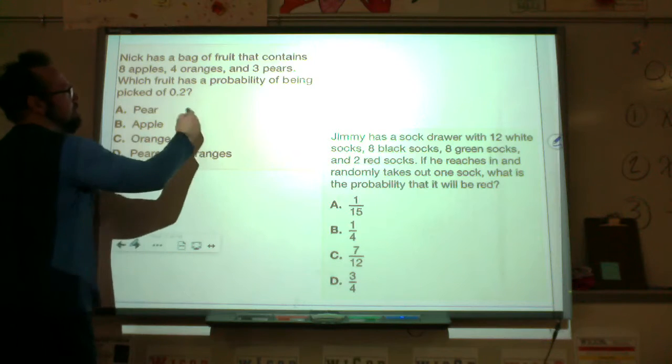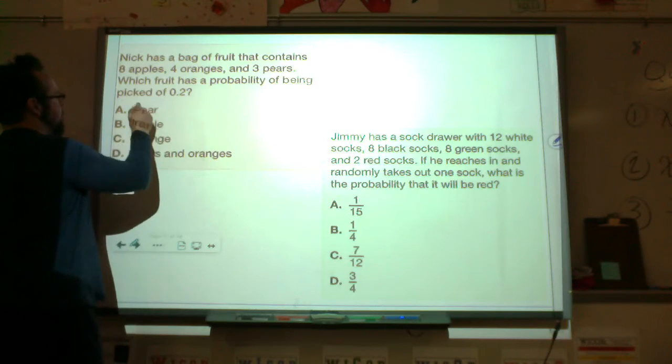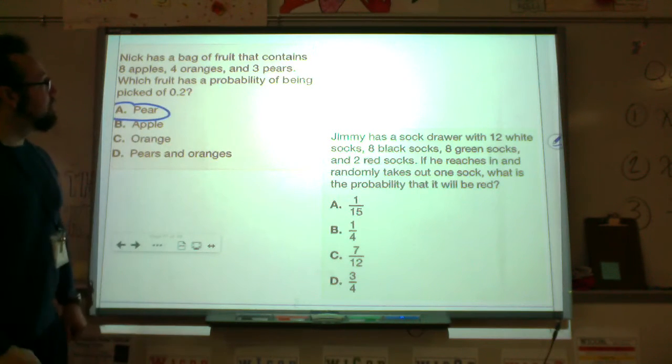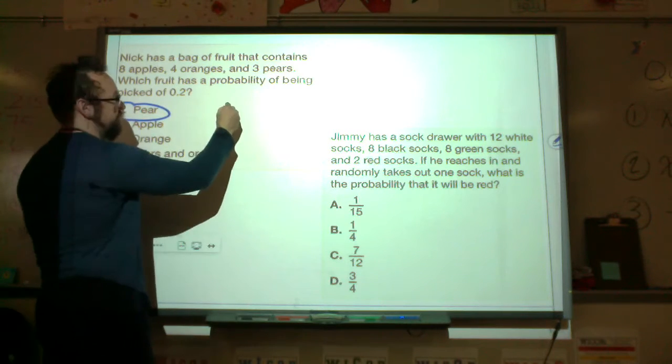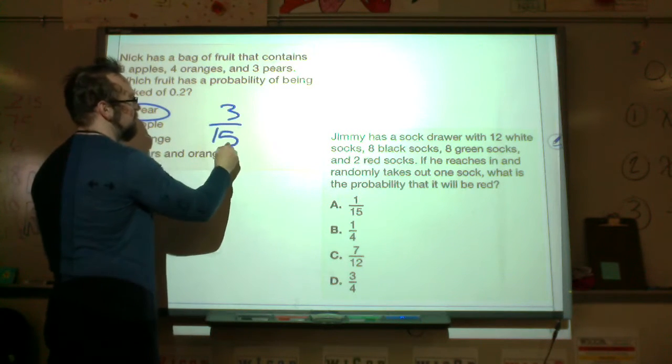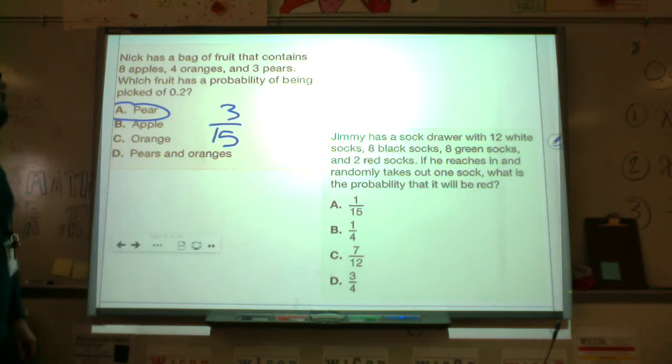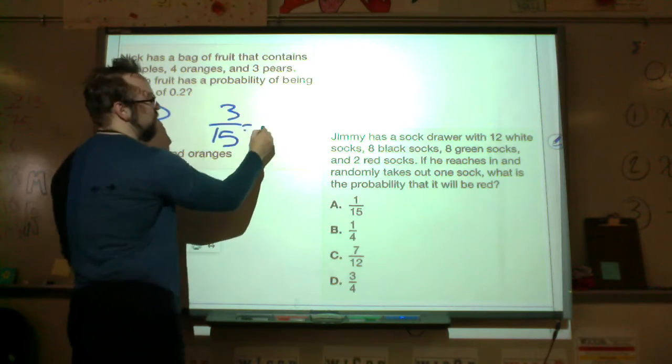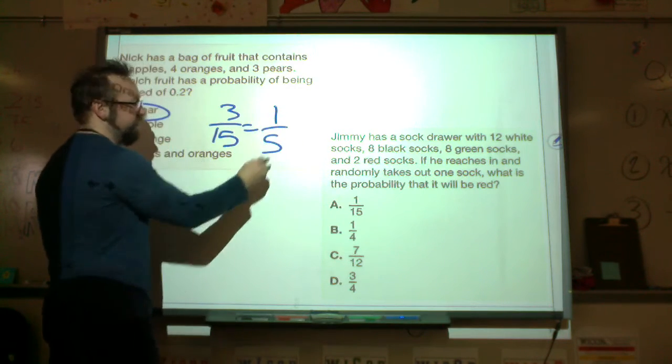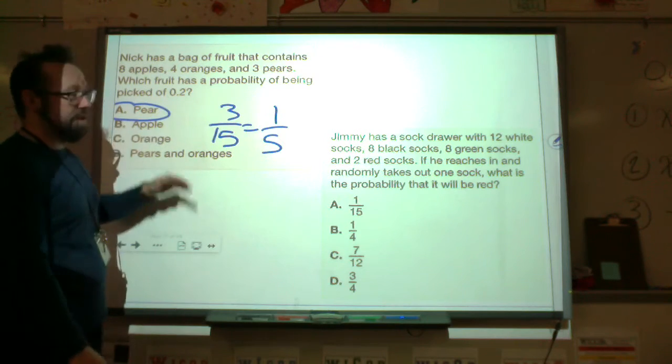For this one, the answer is A, a pair, and that's because it would be 3 out of 15, and that would reduce to 1/5. And if we convert that to a decimal, it would be 2/10.